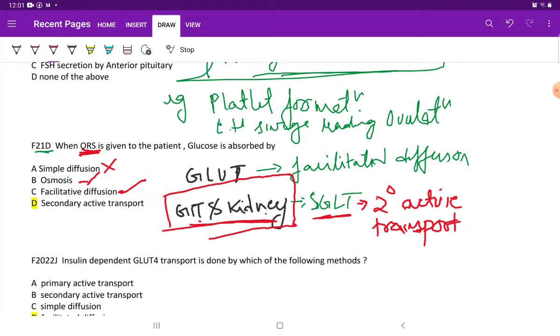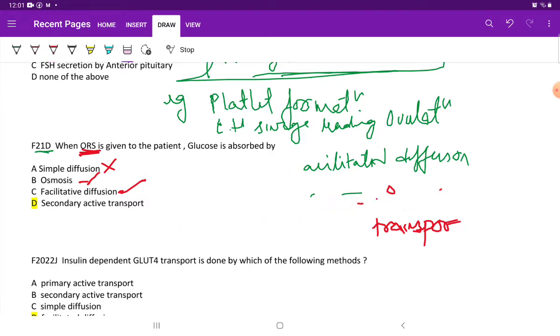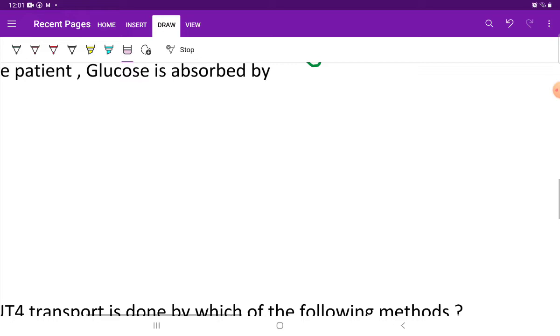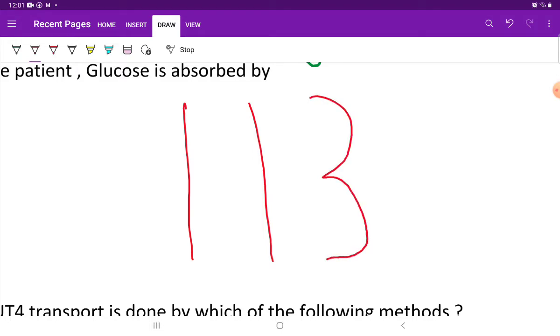Now you may be asking how glucose is absorbed in GIT, for example. Just take it like this: this is the basolateral part and this is the apical part.